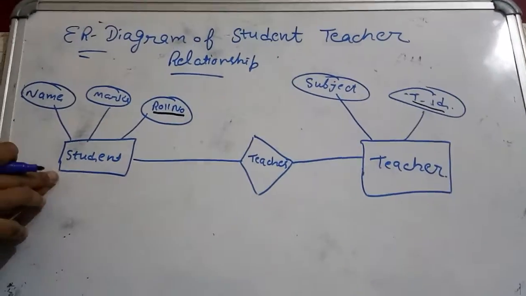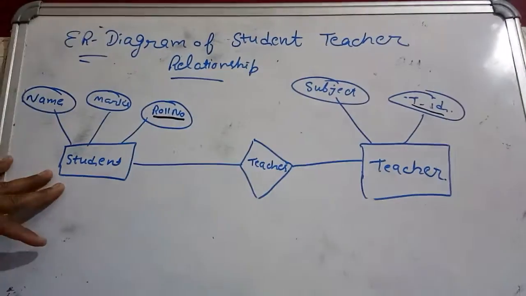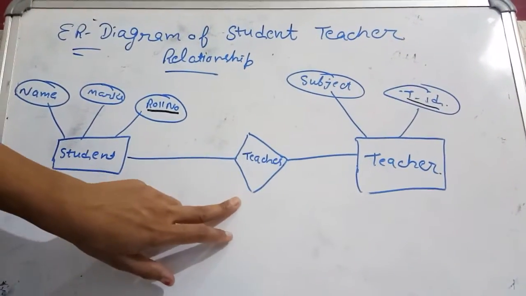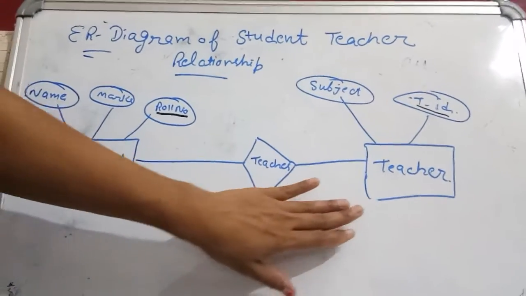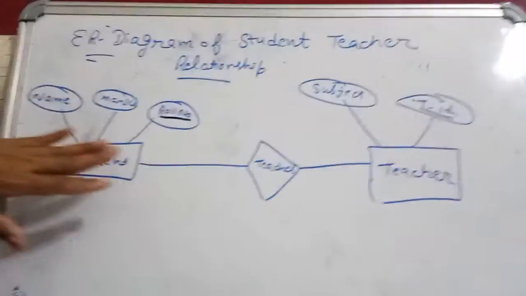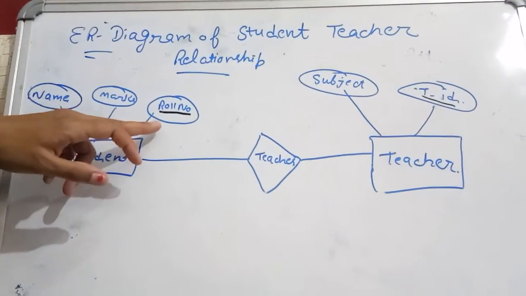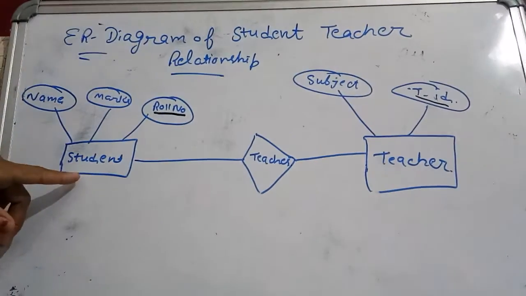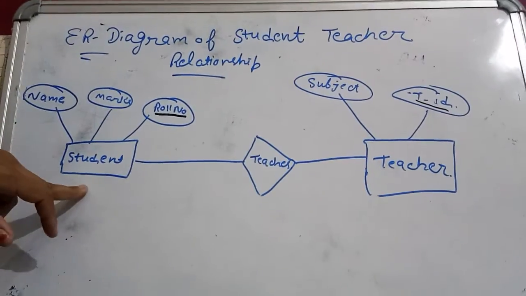In this diagram, we have two entities, student and teacher, and one relationship. Diamond symbol is used to represent the relationship. That means teacher teaches the students. The attributes of student are name, marks, and roll number. Roll number identifies the particular record of the student, so it is the key attribute of the student entity.